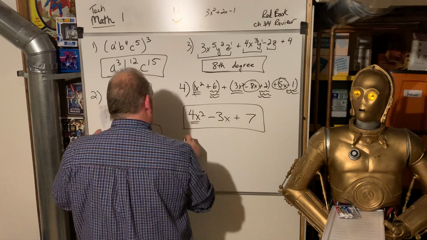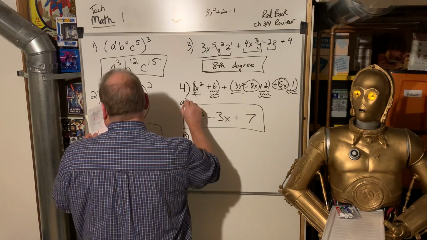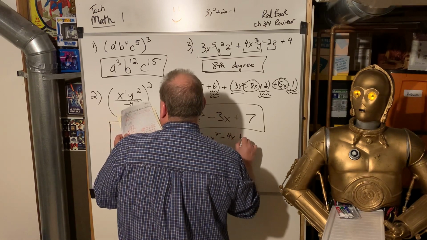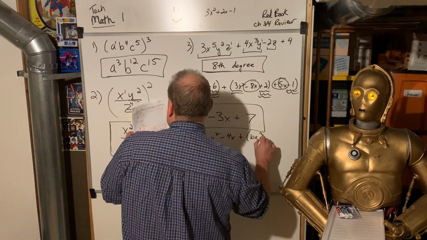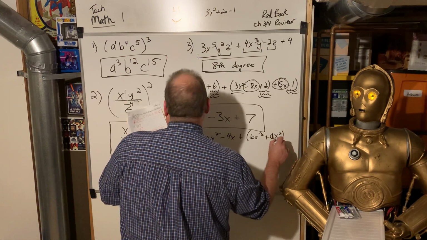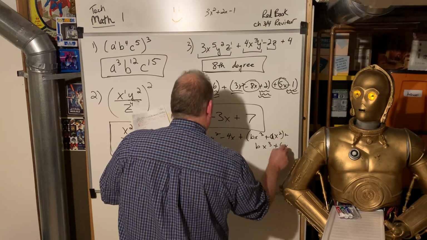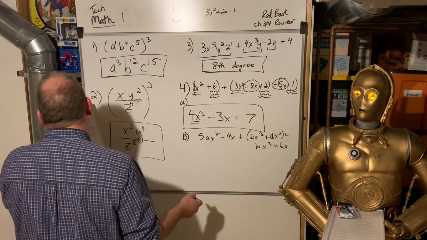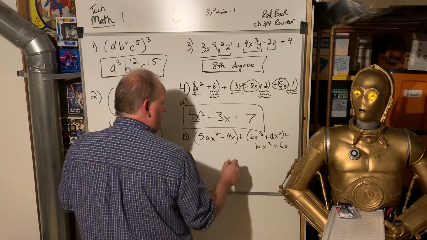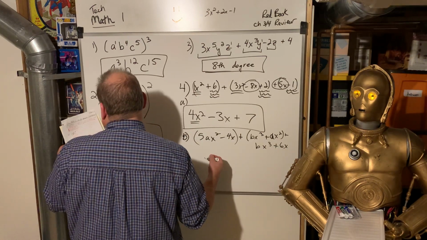All right, number 4b. That was a, b. We have 5ax squared minus 4x plus bx cubed plus ax squared plus bx cubed plus 6x. Okay, so we take the 5ax squared and add it to the 1ax squared. That is 6ax squared.